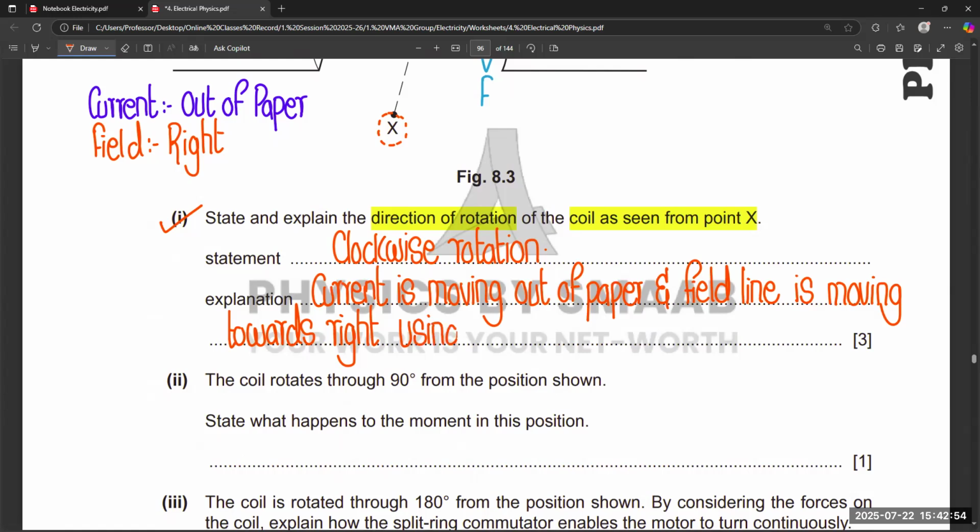So again, by using Fleming's left hand rule, force acts in the upward direction.